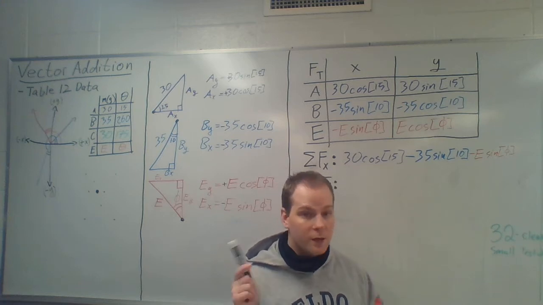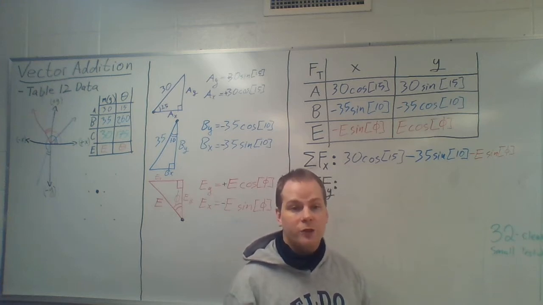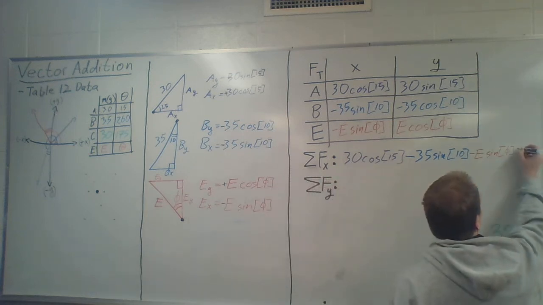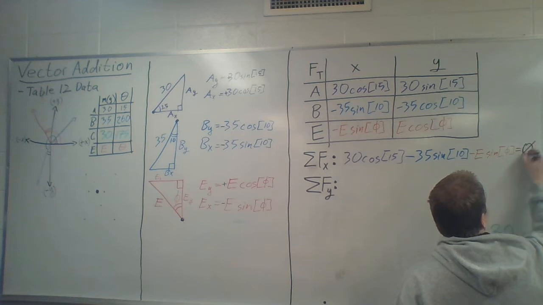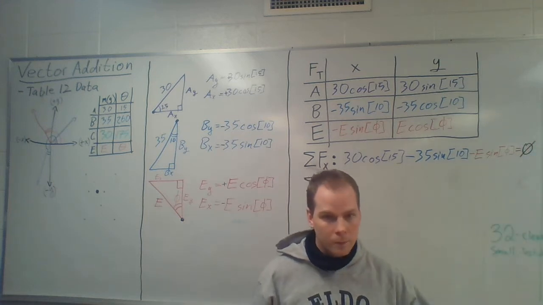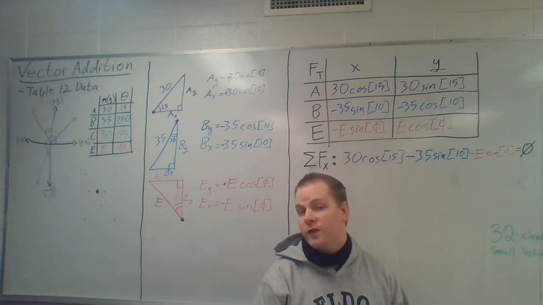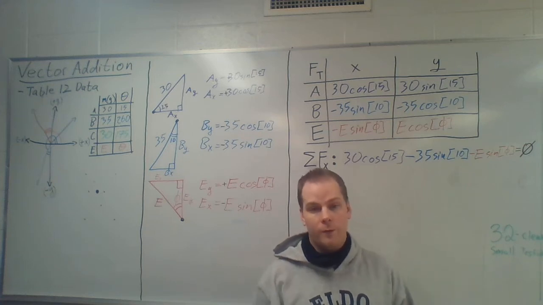Sometimes, though, like in this problem, the acceleration is 0. So this equation is equal to 0. Okay? Which is how we actually turn this into an equation we can solve.